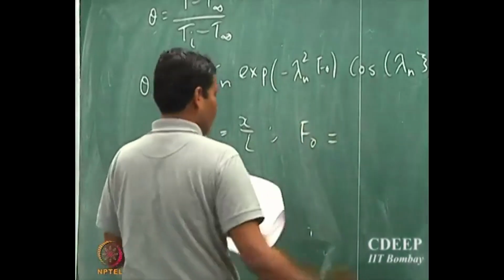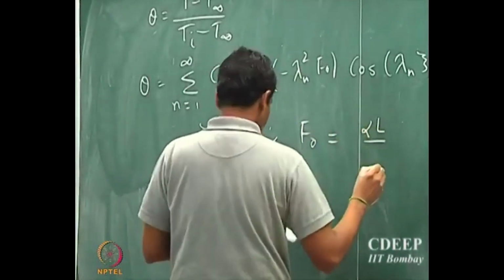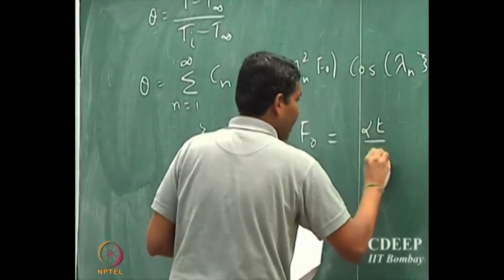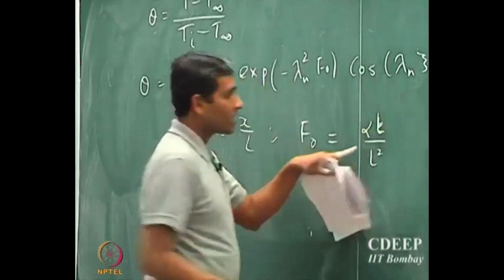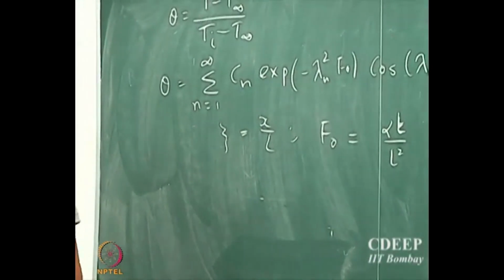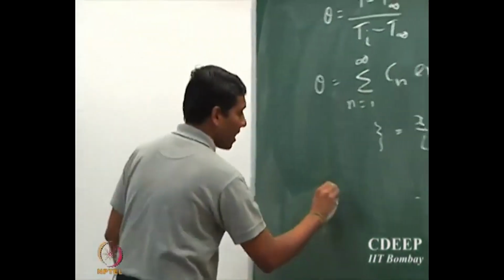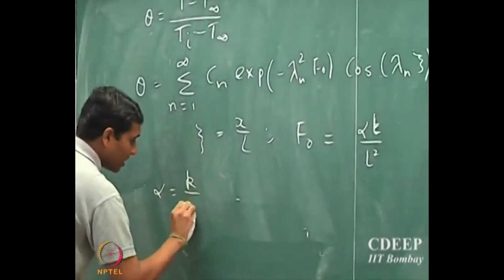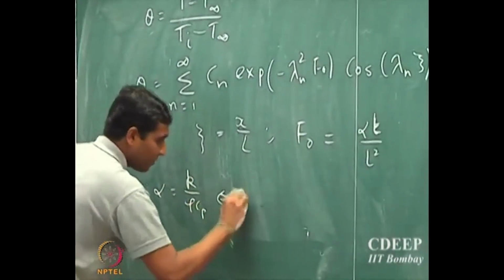Fourier number is alpha t by L square. What is alpha? Thermal diffusivity. So alpha is k by rho Cp, the thermal diffusivity.